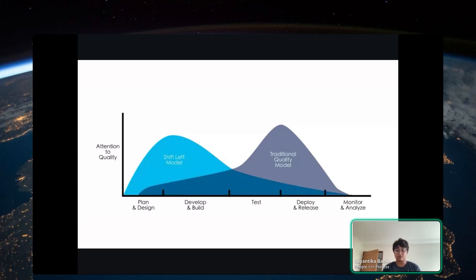So we allocate our resource pool maximum to the design, and then slowly, when we feel the design has taken a good amount of shape and is ready based on the goals we define, we start the development process. Test, deploy, monitor and analyze are the substitutes which, if we do the design part well, have to follow. It's like a domino effect. Do the first bits very well, and then the rest just falls into its right places.